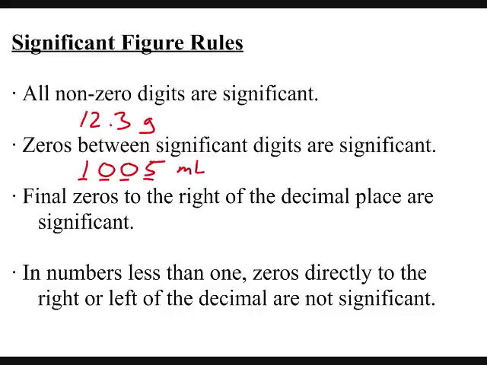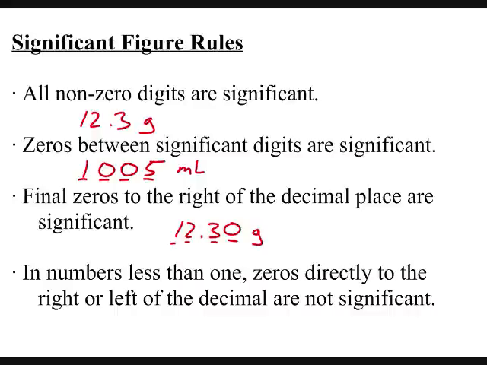Final zeros to the right of the decimal place are significant. So if I were to take the 12.3 grams and add a 0 on there, now that 0 is the final 0 to the right of the decimal place, so that would also be significant. The idea of significant digits is they are meaningful digits in the measurement that you're looking at.